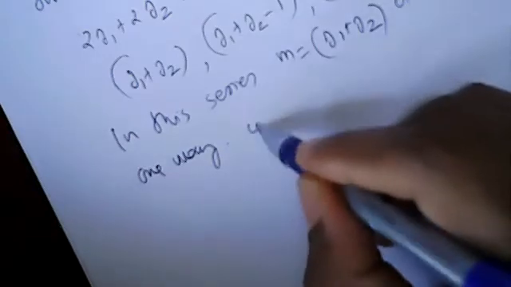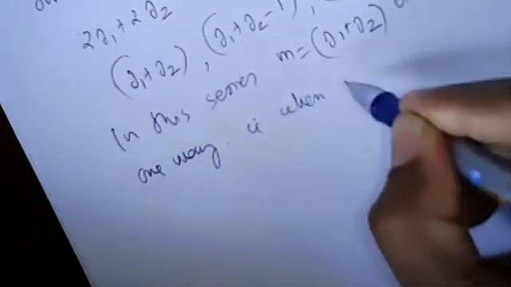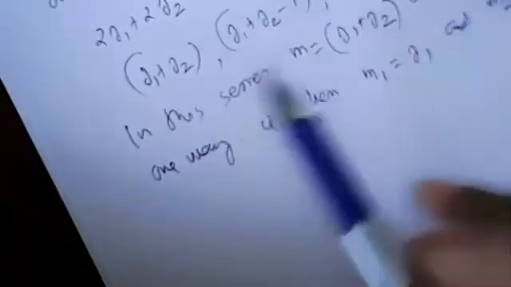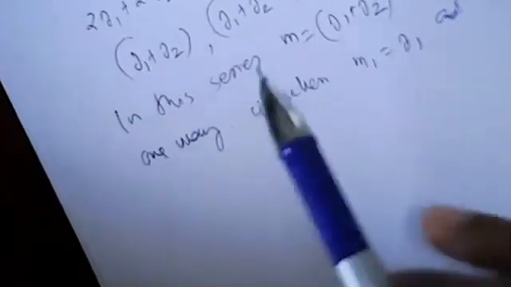That is when M1 equal to J1 and M2 equal to J2. Is that clear? The J1 plus J2 will be obtained only in one way, a singlet state.